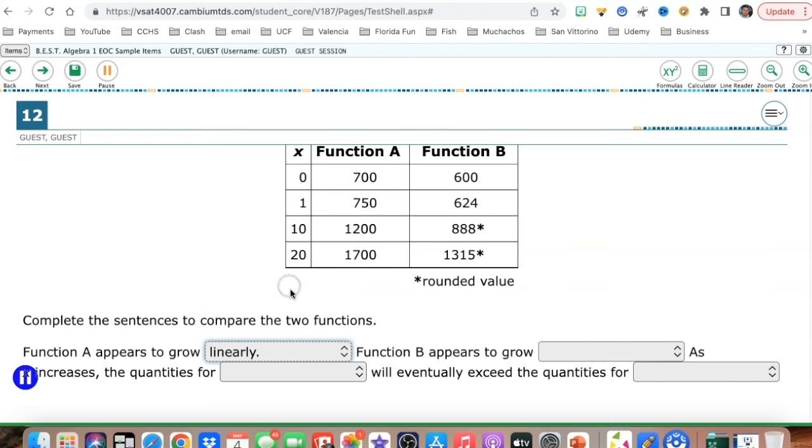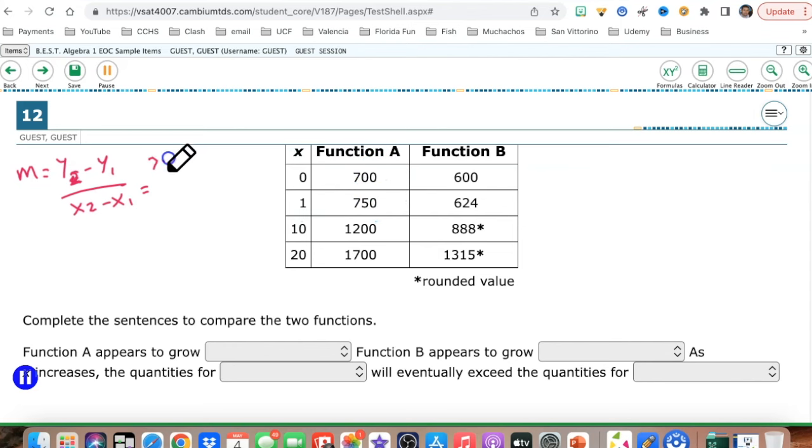Let me explain. Let's do A. Let's find the slope. y2 minus y1 over x2 minus x1. All right? So let's use these 2 points first. This is x and this is y, right? So this is x1, y1, x2, y2.